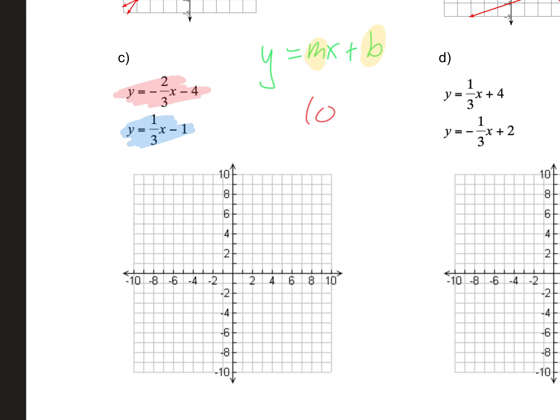So our y-intercept will be 0, -4 for that red equation. So I'm going to go ahead and graph that point here.